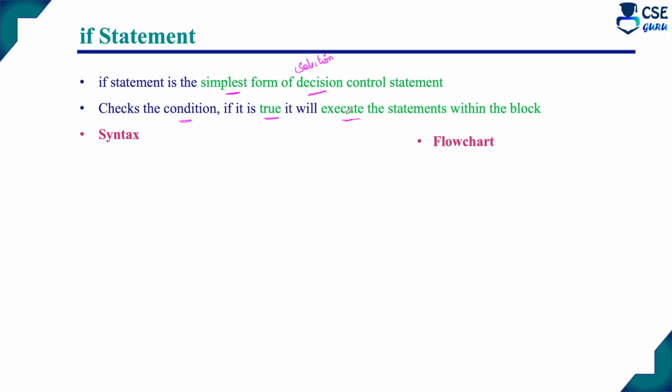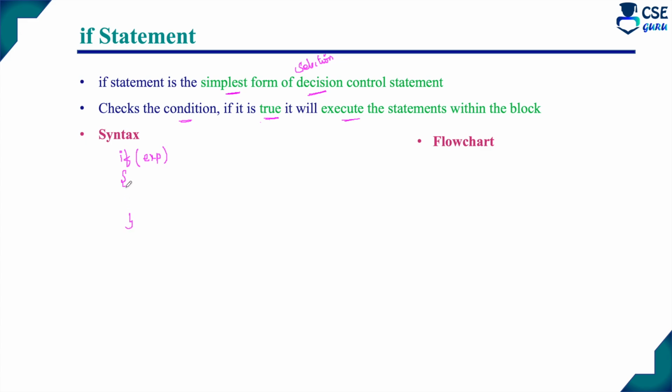So, what is the syntax for the simple if statement? if. This if is a keyword. Then you specify the expression or condition that you want to check. Within the block there may be a single statement, in which case the braces are not necessary.